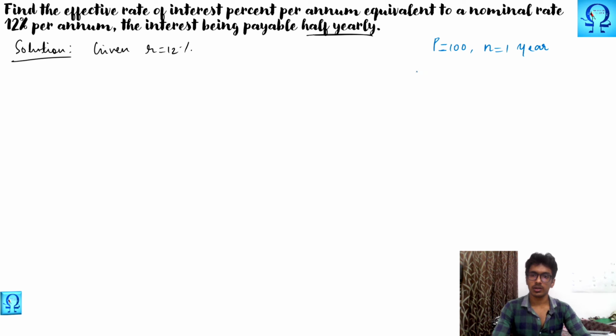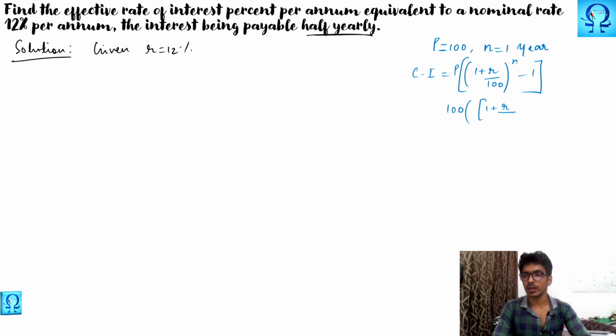So be it compound interest. So compound interest shall be written as amount minus principal. Amount is P times of (1 plus r upon 100) to the power n, minus P. So when we take P as a common thing, we are going to get this thing. I am telling you, principal is 100 rupees and 1 plus whatsoever the rate of interest for which you calculate, n is 1, and this is going to take place.